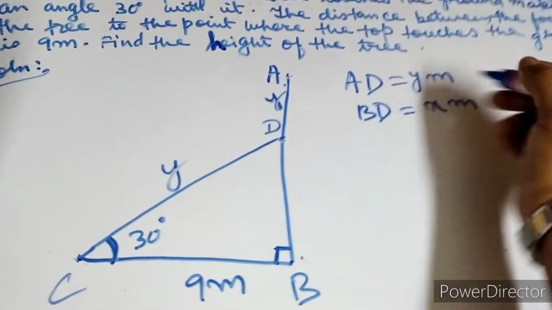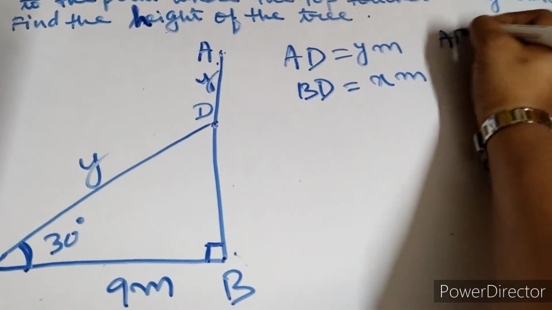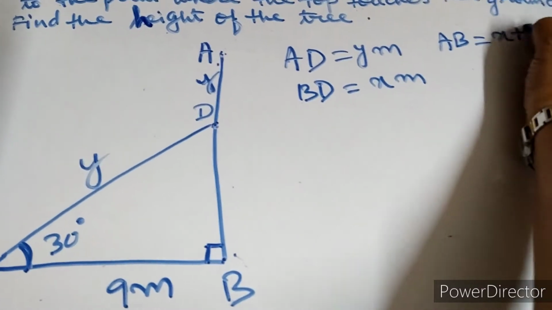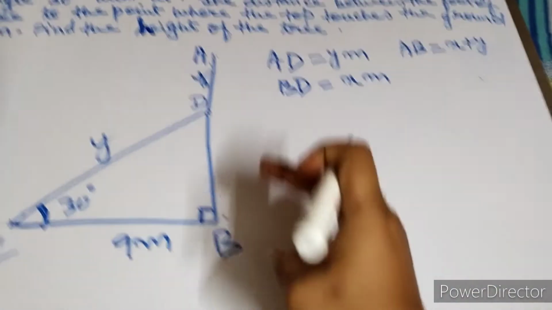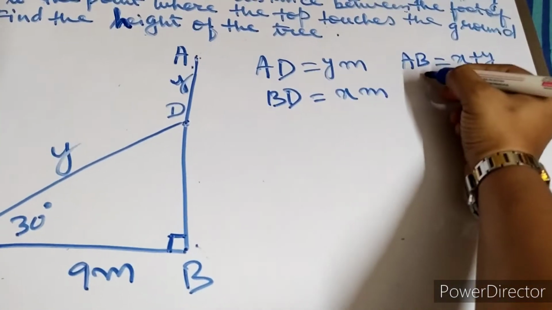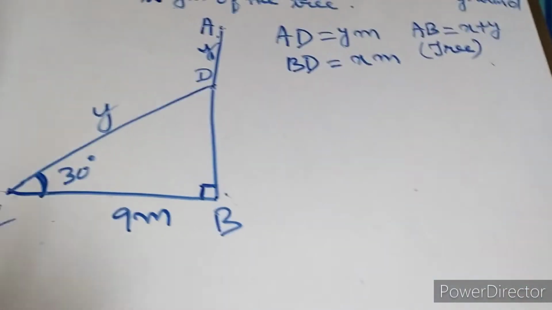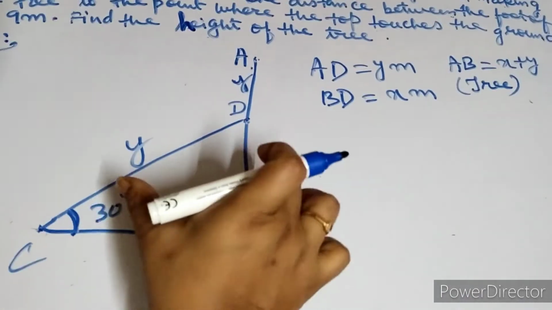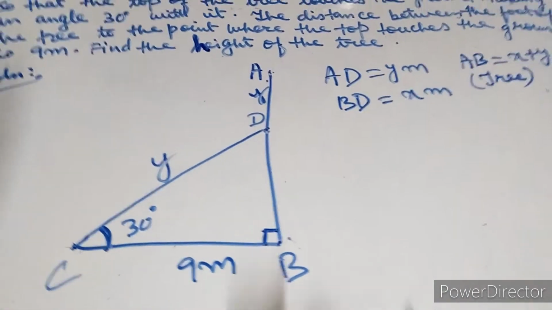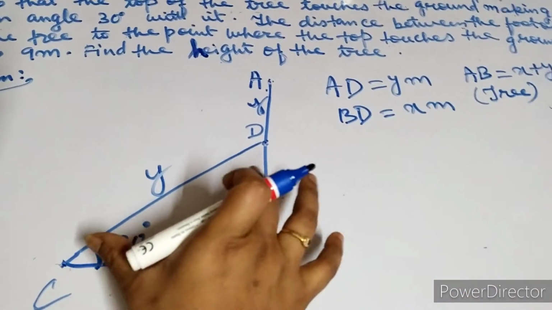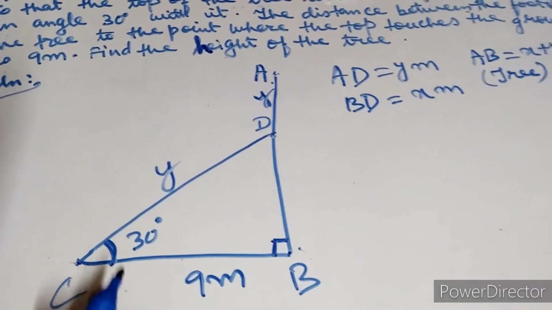So AB is the tree height, that is X plus Y. AB is the total tree. And AD is the broken part of the tree, which is DC. AD is falling here and it is becoming this, falling on the ground.